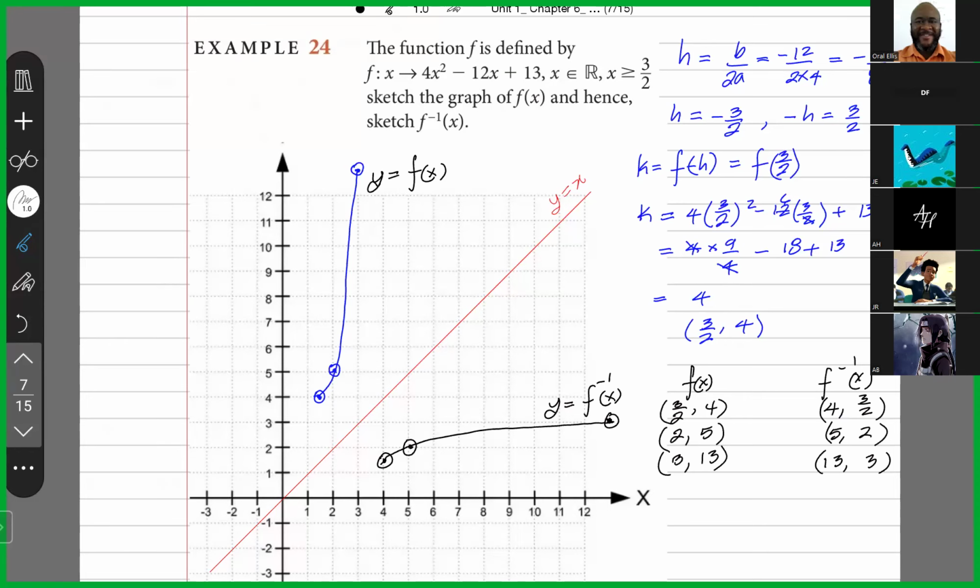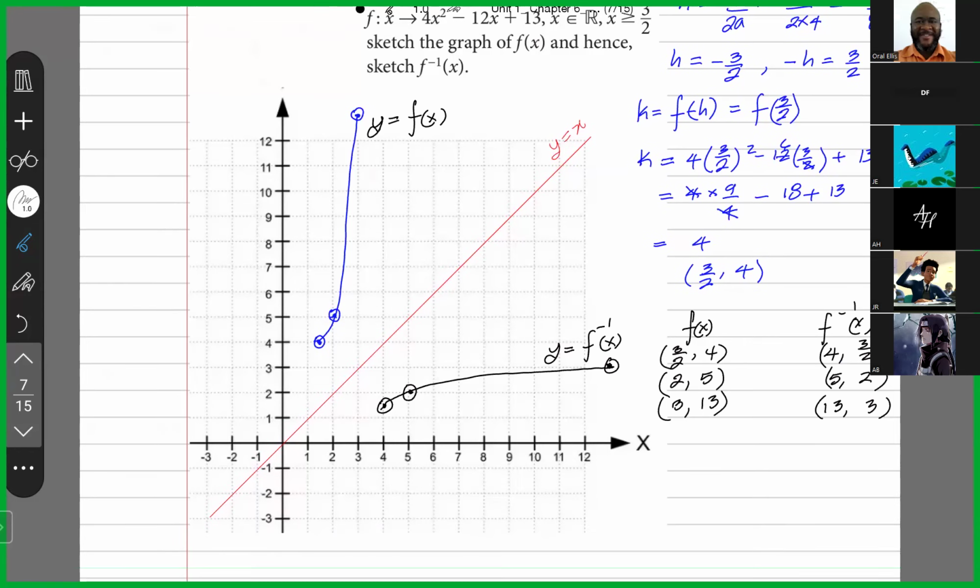Now, for f of x, the domain is x is greater than or equal to 3 over 2, and the range is y is greater than or equal to 4.